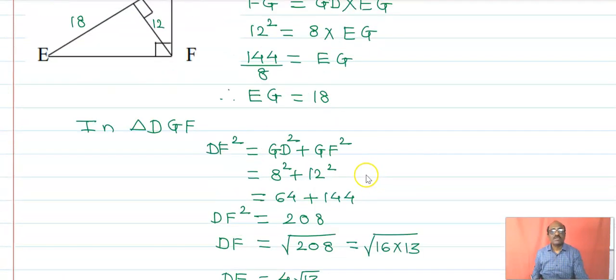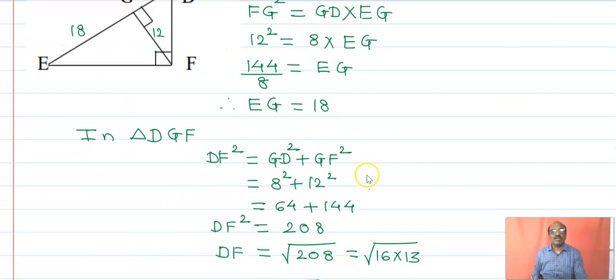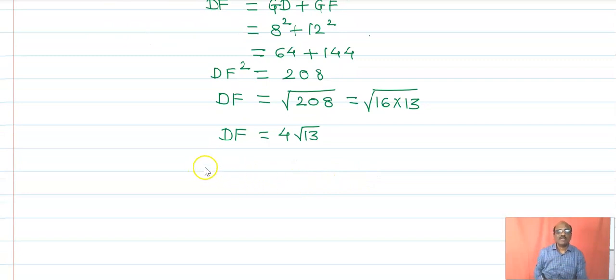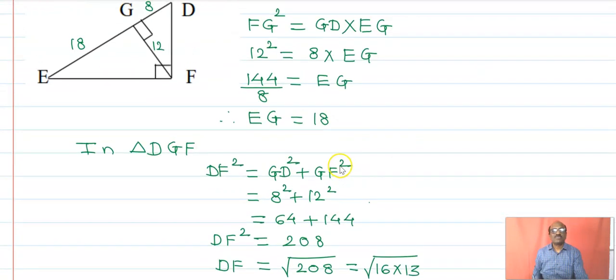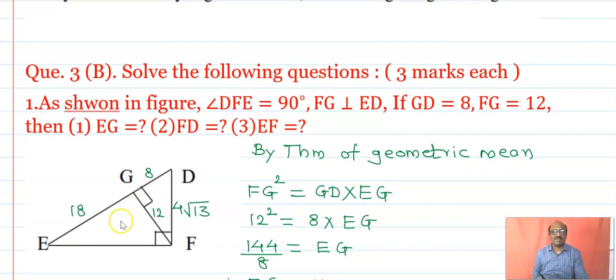This is the DF, or FD, and therefore FD is equal to 4 root of 13. What about the next? Next we want to find out EF.